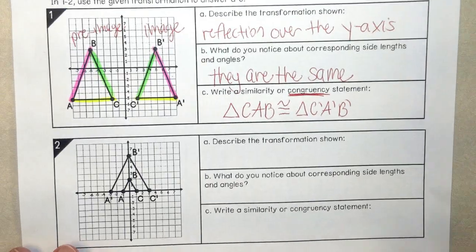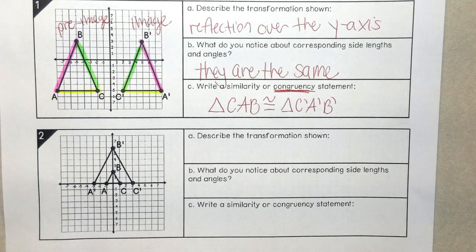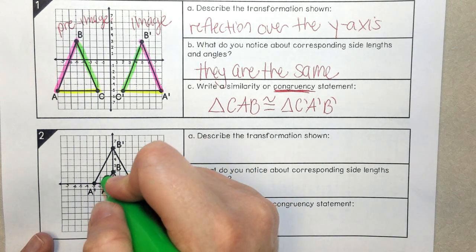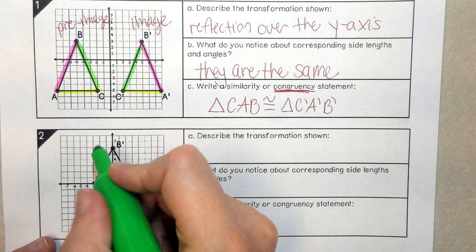On the next one then, again, I'm going to start with my highlighters. Okay. So if I highlight side AB, Chelsea, what other side should I highlight in that color? If I highlight AB in the other triangle, very good, A prime, B prime.